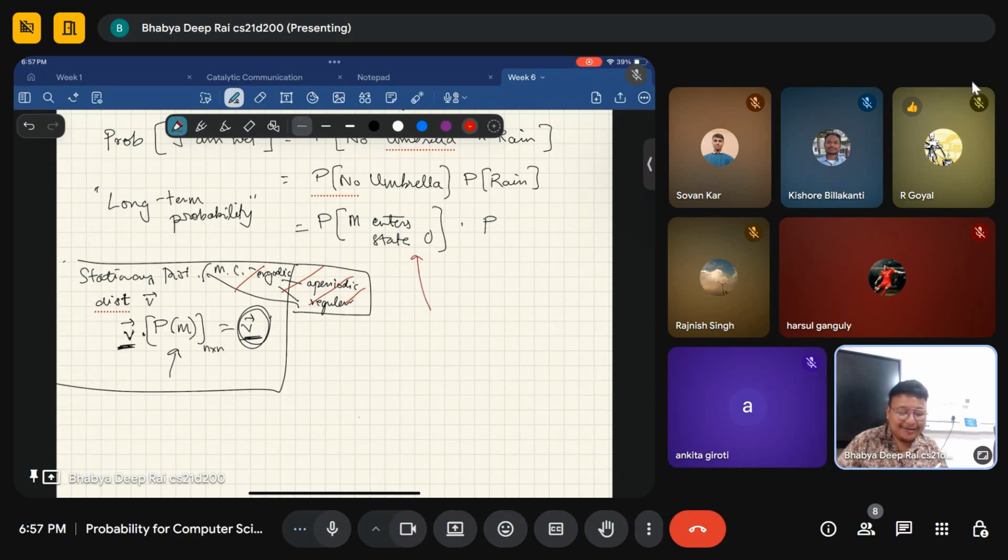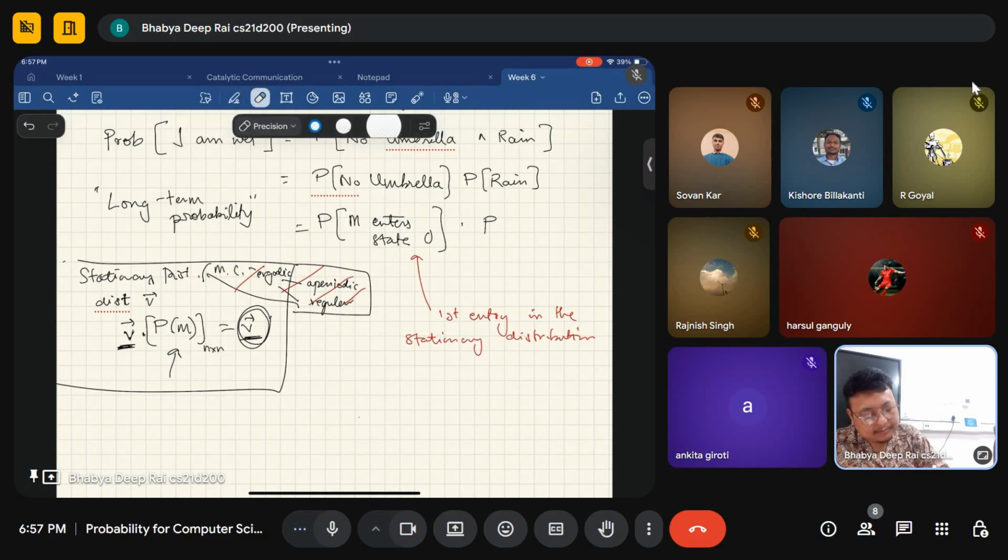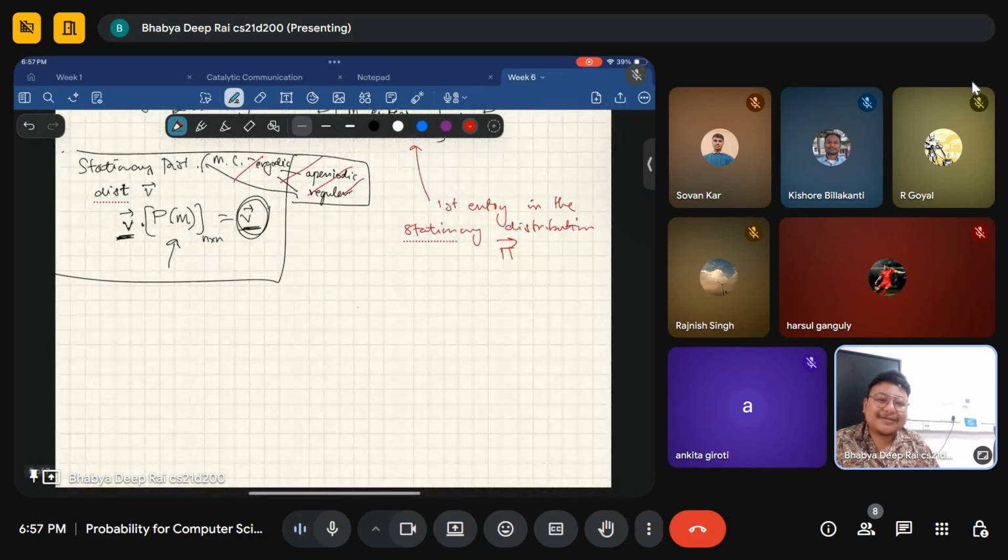Now, the probability that the chain enters state 0 is the first entry in the stationary distribution. Let me call it V or pi. Because pi is a distribution, like the summation we did last week.